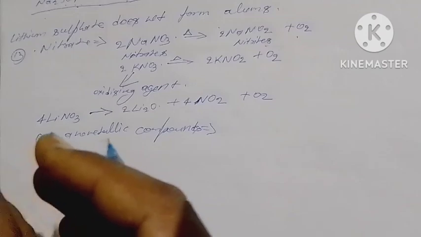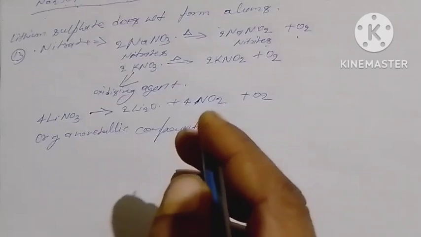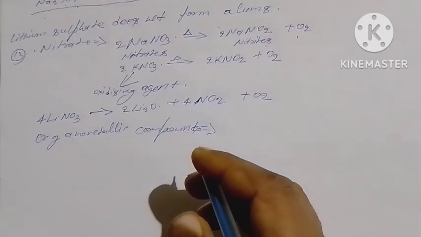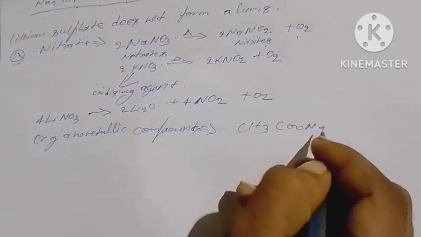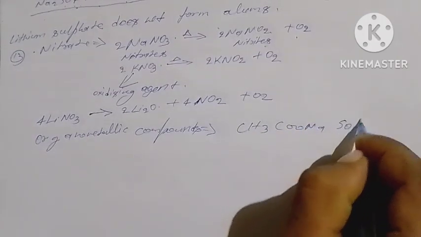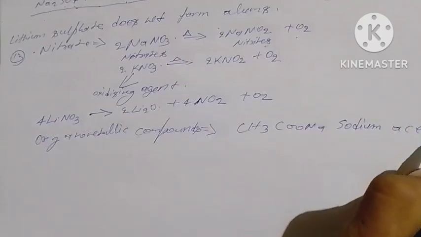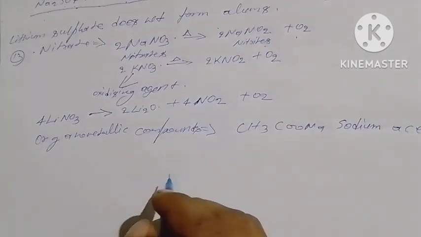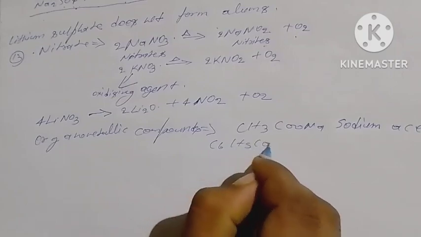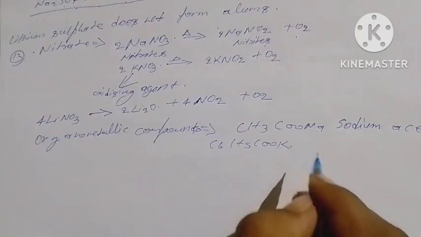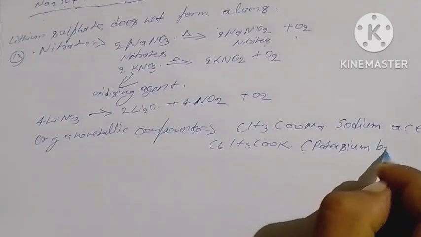Alkali metals replace hydrogen in organic acids, forming salts such as CH3COONa, which is sodium acetate, and C6H5COOK, which is potassium benzoate.